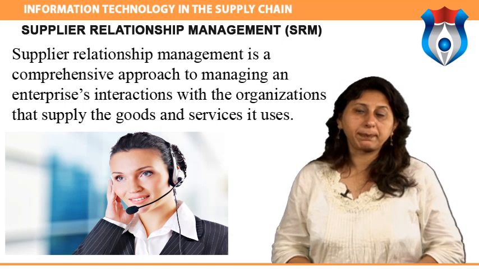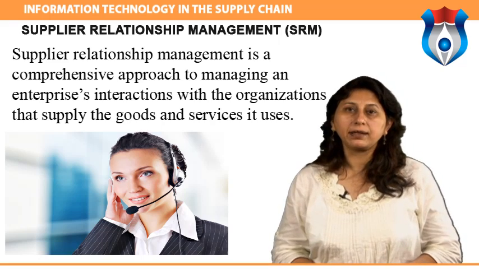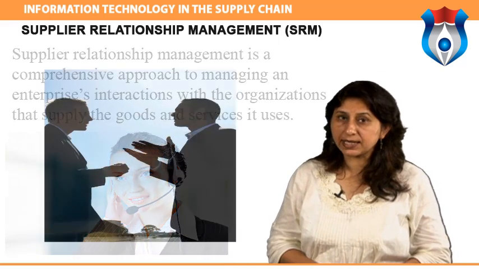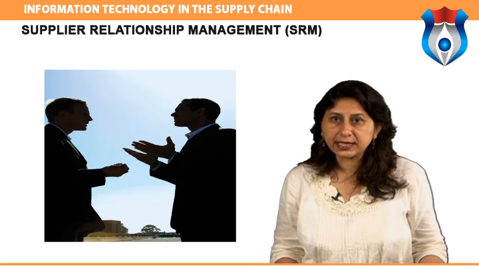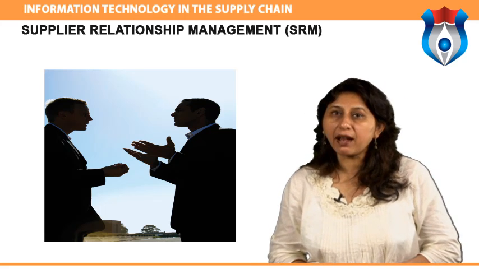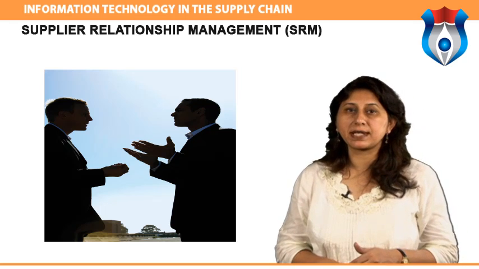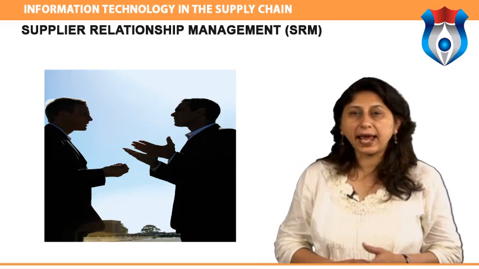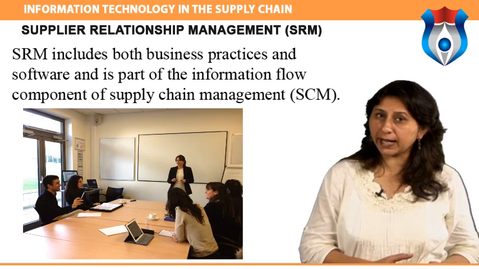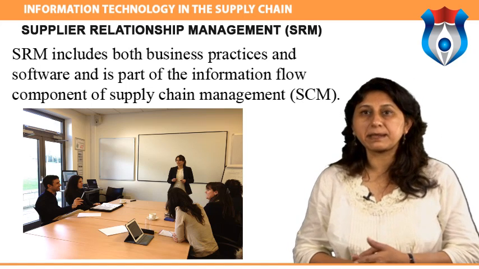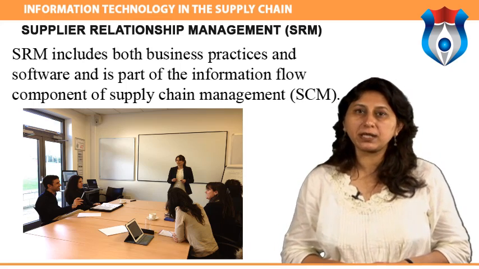The goal of supplier relationship management, SRM, is to streamline and make more effective the processes between an enterprise and its suppliers, just as customer relationship management, CRM, is intended to streamline and make more effective the processes between an enterprise and its customers. SRM includes both business practices and software and is a part of the information flow component of supply chain management, SCM.